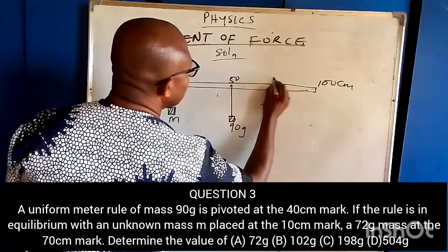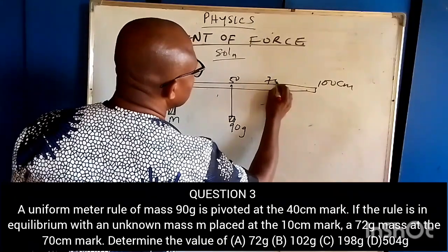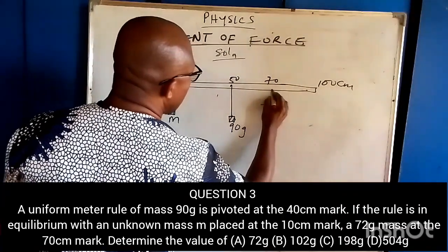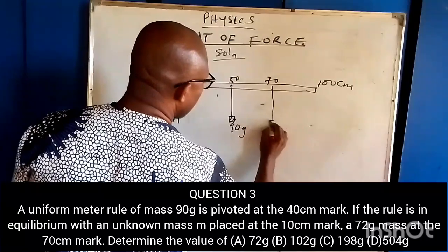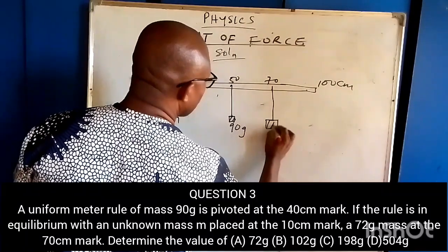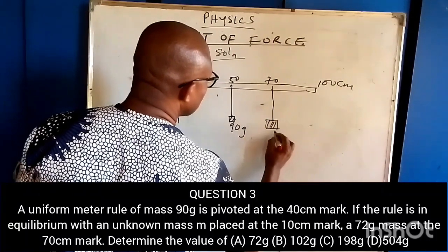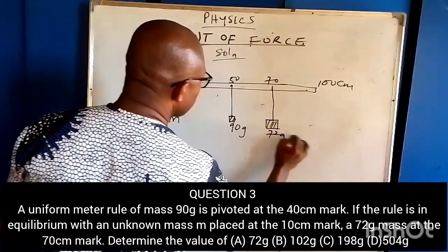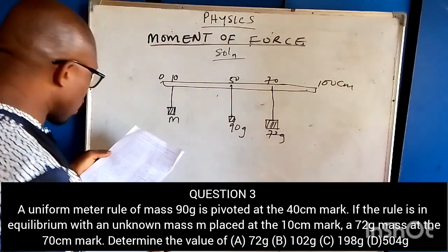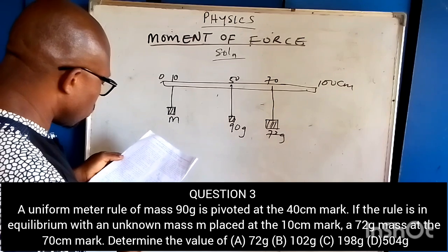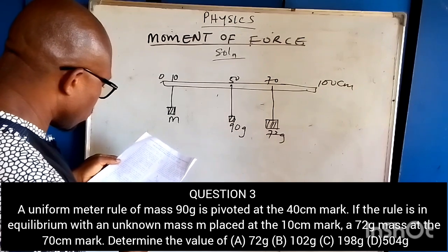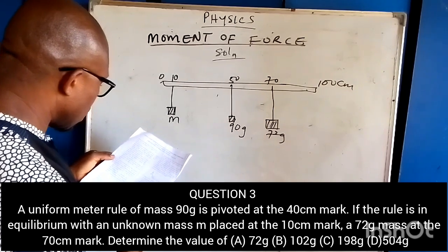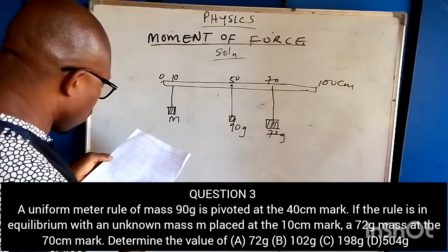Here is 70, another mass is suspended there. That mass is 72 grams. Now the question says, determine the mass of the meter rule.